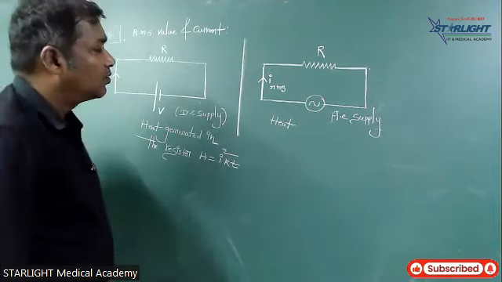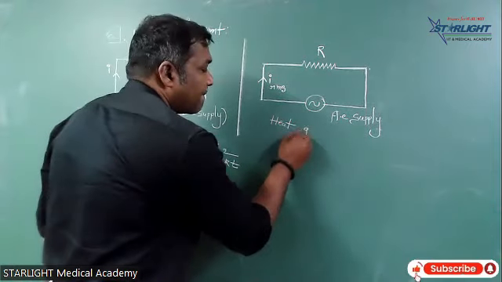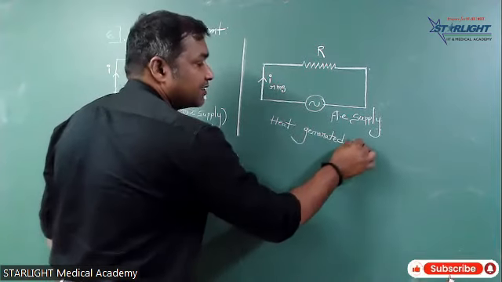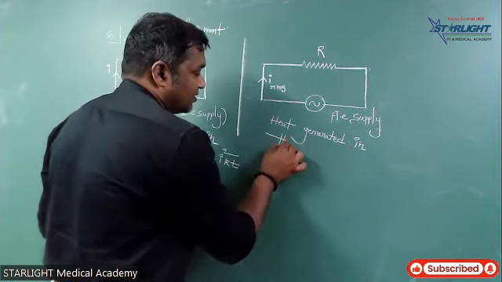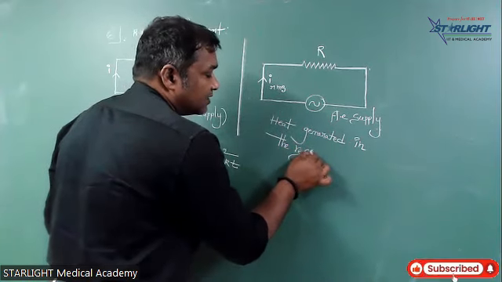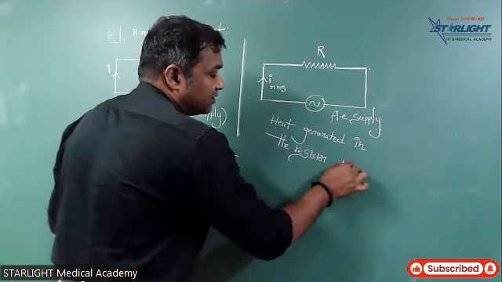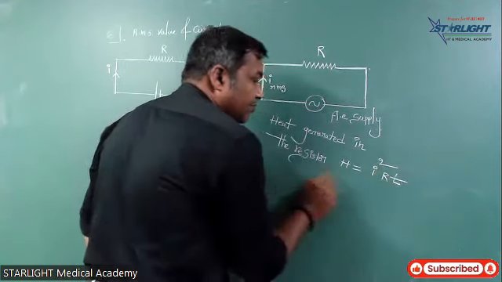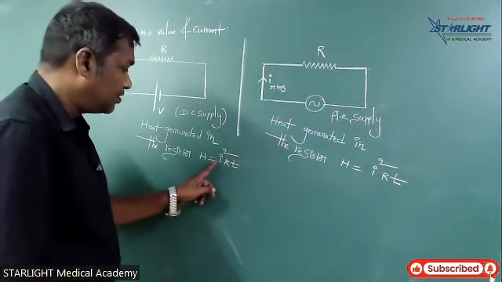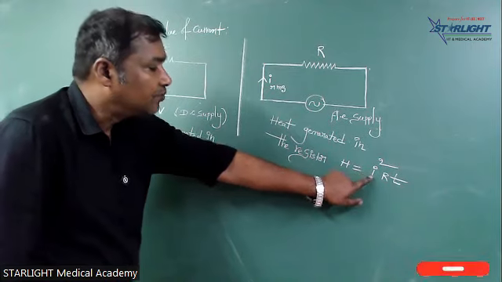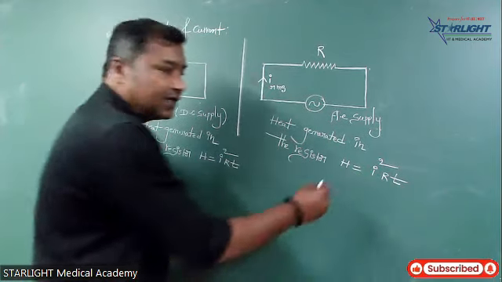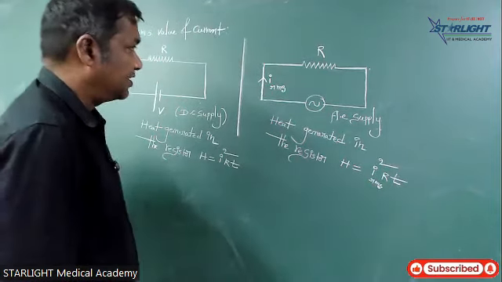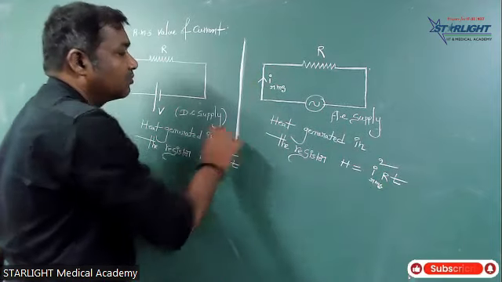Now heat generated in the resistor: H is equal to I square RT. But here we do not use I, here we are using IRMS. So this is the heat generated when IRMS is the root mean square current.